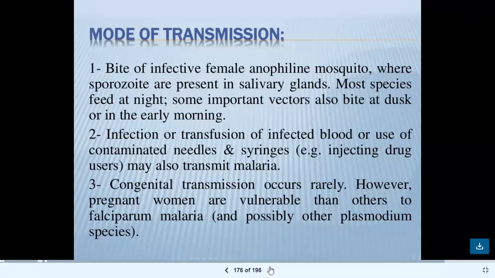Infection through transfusion of infected blood or use of contaminated needles and syringes may also transmit malaria. Congenital transmission occurs rarely; however, pregnant women are more vulnerable than others to falciparum malaria or possibly other Plasmodium species.